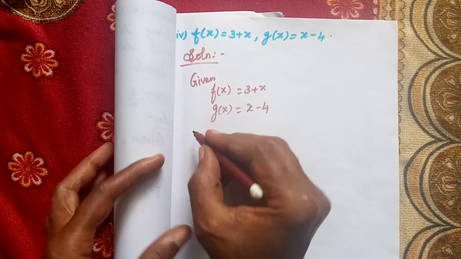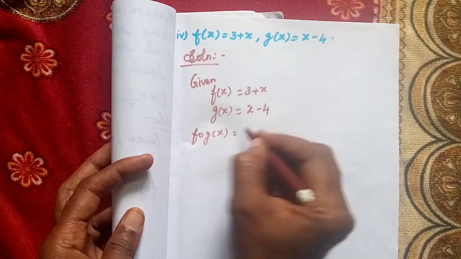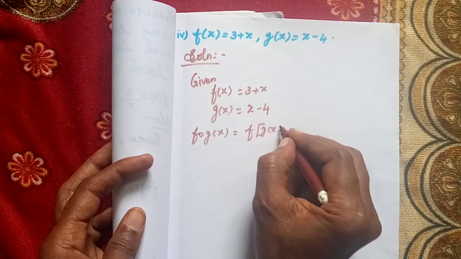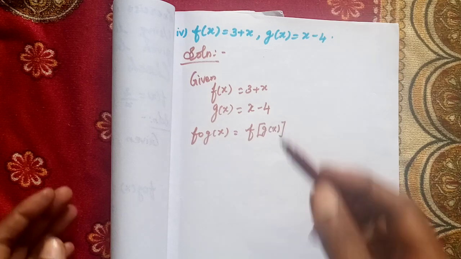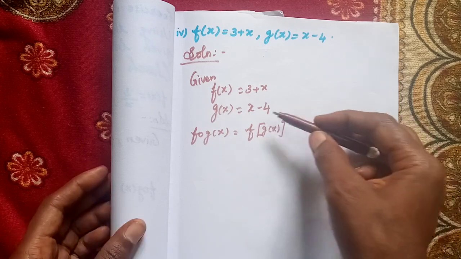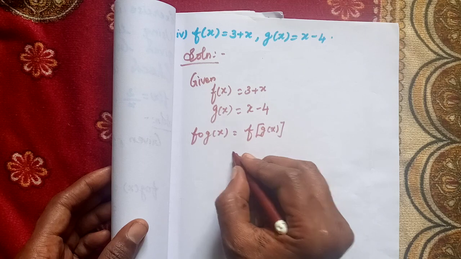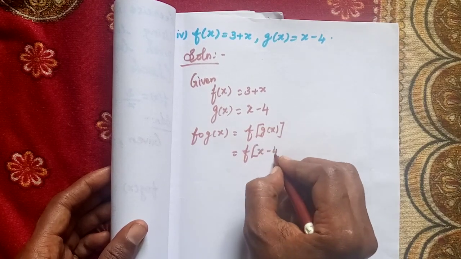First, we have to find f composite g of x, which is equal to f of g of x. In place of g of x, we substitute x minus 4, so it is f of x minus 4.